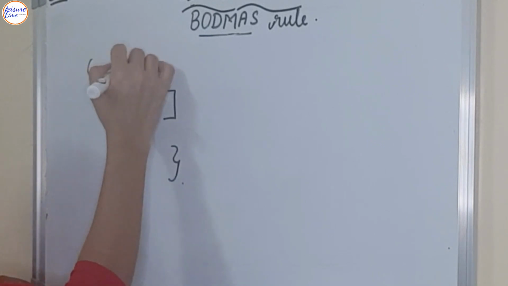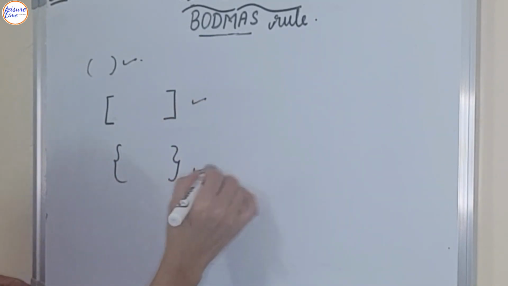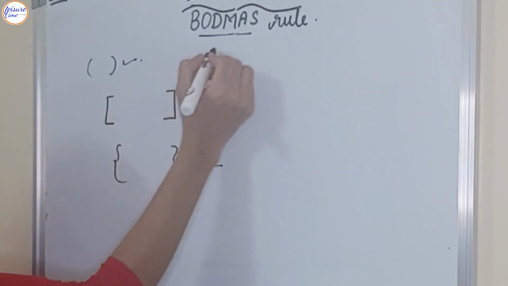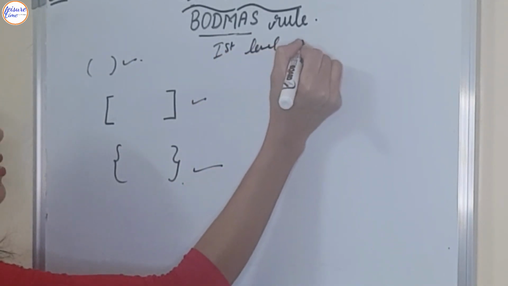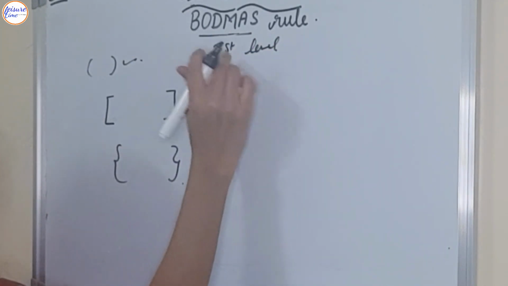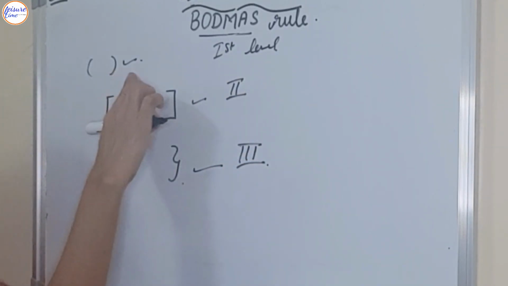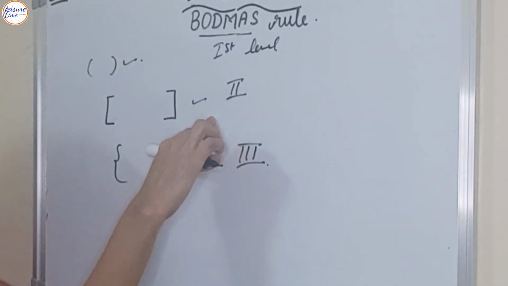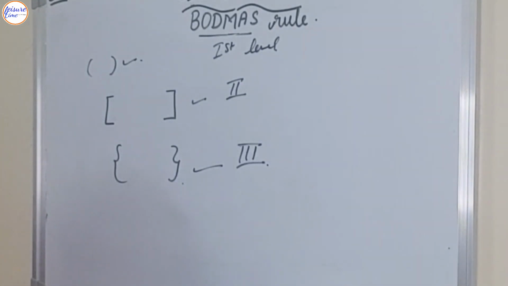First solve the small bracket, then the big bracket, and last is the curly bracket. So this one is the first level, this one is the second level, and this one is the third level. So firstly you need to solve the small bracket, then the square bracket or big bracket, and the last one is the curly bracket. I will give you another example of this.